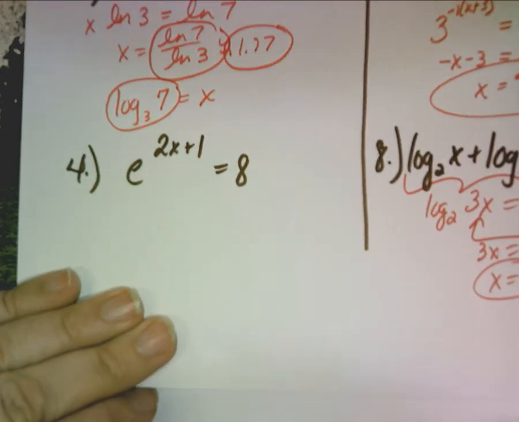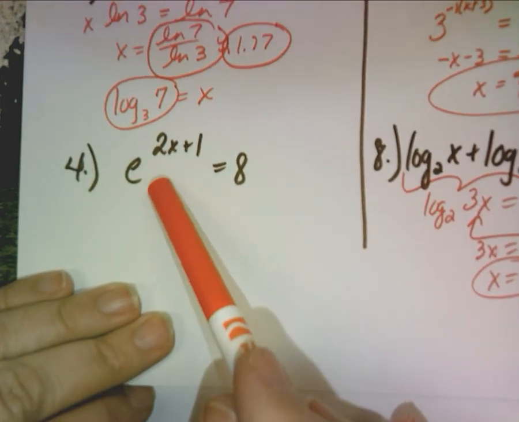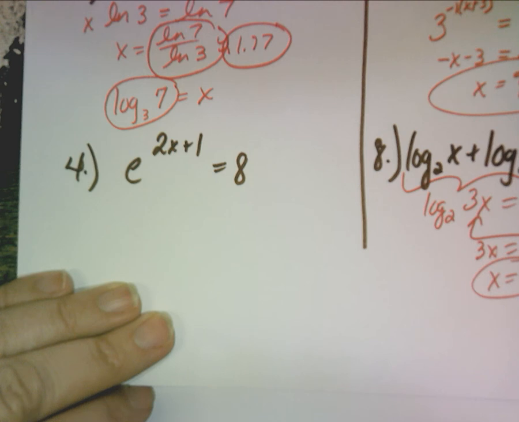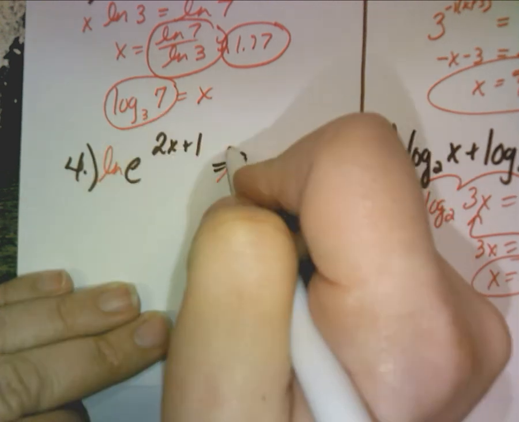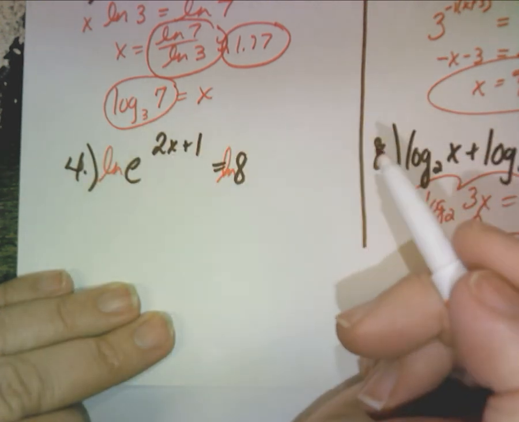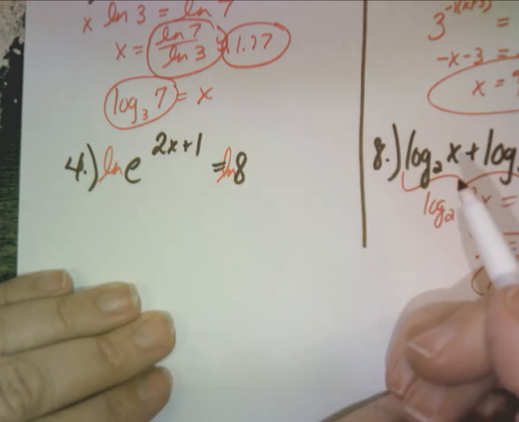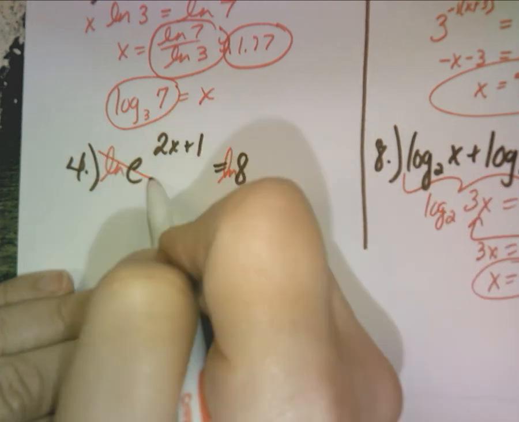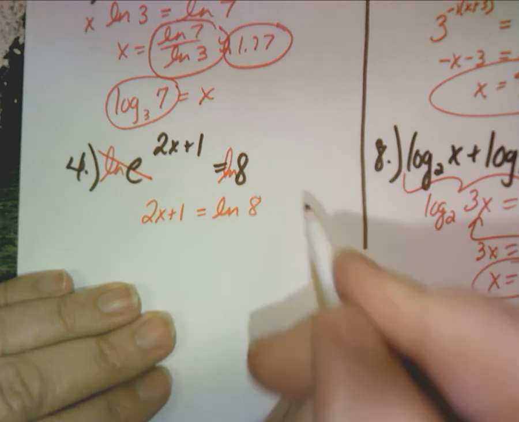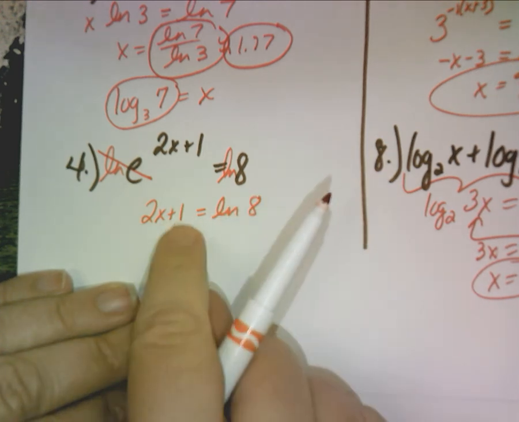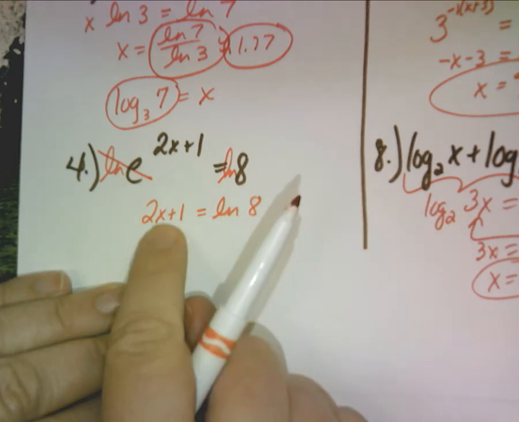All right, number 4. This is what we learned yesterday. How do you undo an E? You ln it. So if I ln, then I can bring this down, equals ln 8. Then I just get to solving for x, minus 1.